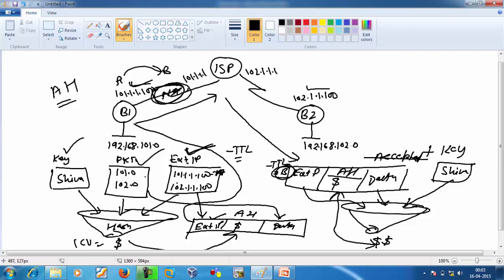Because AH includes the external IP for ICV, if there is a NAT device, it will change the source IP address in the external IP header. When the receiver receives an external IP header with a changed source and verifies it, the source will never match. So here we can say AH doesn't work with NAT.